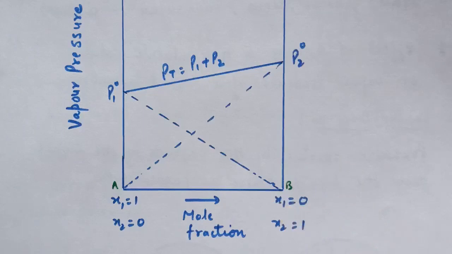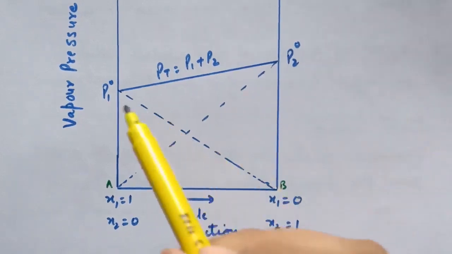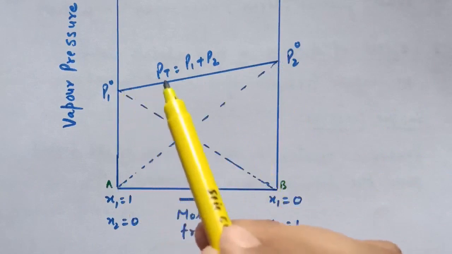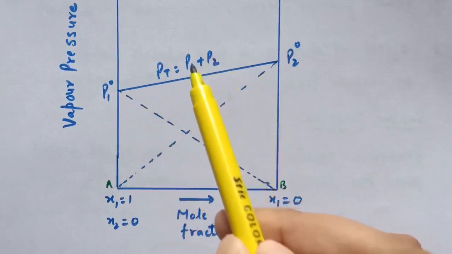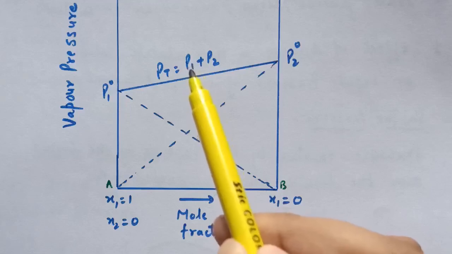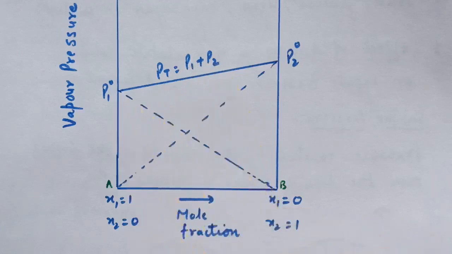This line joining defines the P total, which is equal to P1 plus P2. P1 is the partial vapor pressure for component 1 and P2 is the partial vapor pressure for component 2, and these are the values of P1 and P2 corresponding to the mole fraction for components 1 and 2.